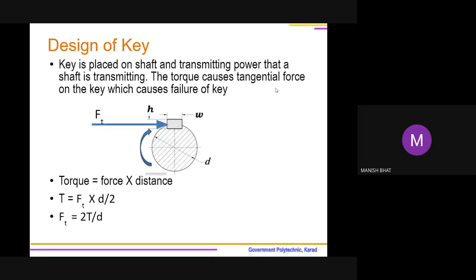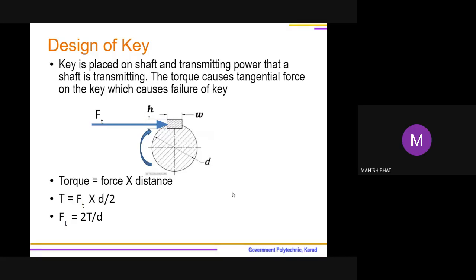Now, after learning these keys, we will be learning how we are going to design the key. So it may be a sunk key, it may be a saddle key, any kind of key. Why is it used? It is used for transmission of power. It is the joining element in between any coupling, any gear, any sprocket, and that of the shaft.